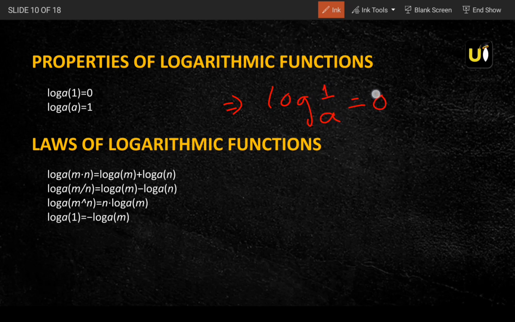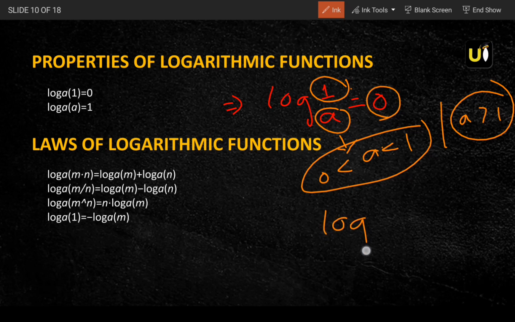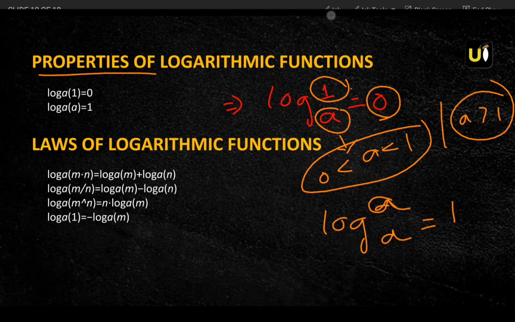The base can be anything, it can be in this interval or in this interval; if this is 1, then it is always 0. And log a to the base a is always equal to 1. These are the two properties set for logarithmic functions. And clearly, we have some laws.